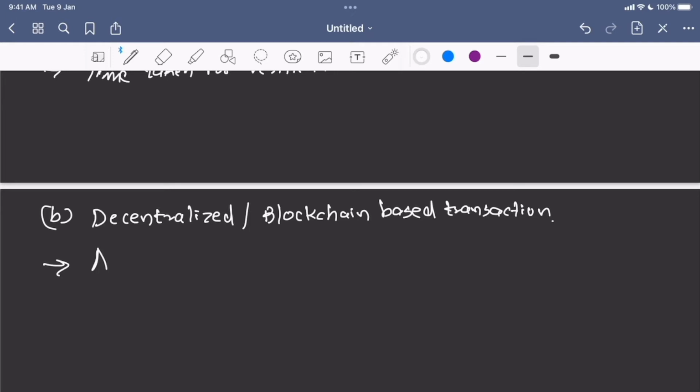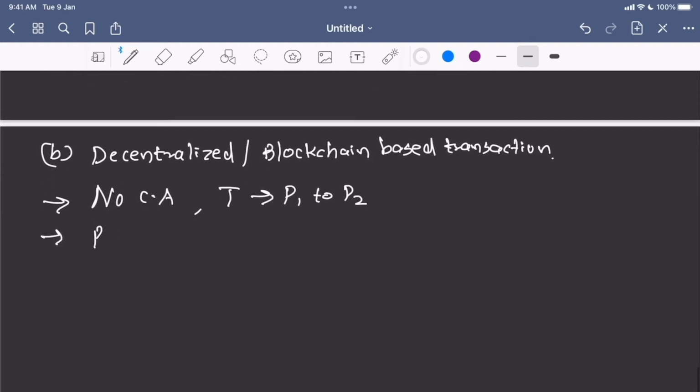There are no central authorities and transactions take place directly peer to peer. In the case of central authorities, we had a private ledger. In blockchain, we have a publicly distributed ledger that can be accessed by any node in the network.